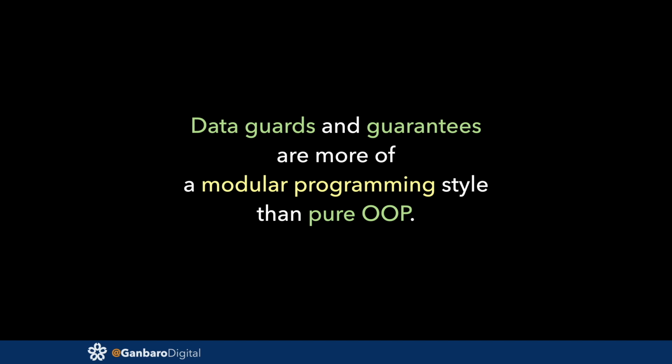The thing with pure OOP, pure object-oriented programming, is you're meant to be interacting with the behaviors of an object. That's where it came from originally. Data guards and data guarantees aren't really part of an object because you're not interacting with the object state, because you're calling them before the object has finished being created. So they kind of live in this grey area. So you may prefer to create them as functions inside a namespace, and you may find that that's more reusable over time as well.